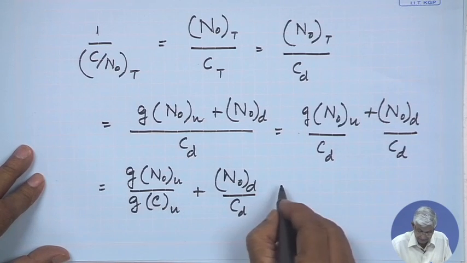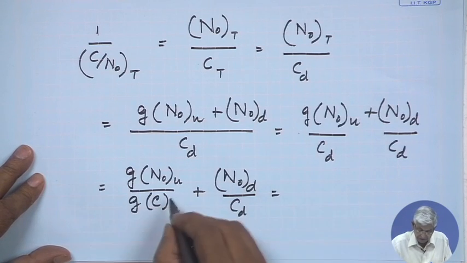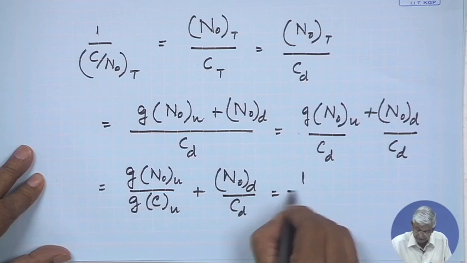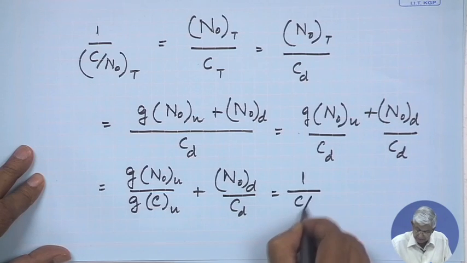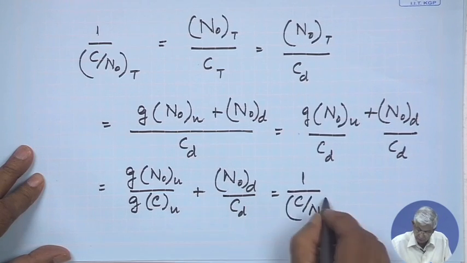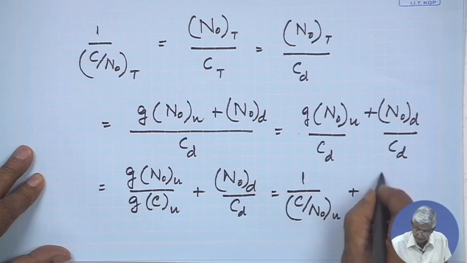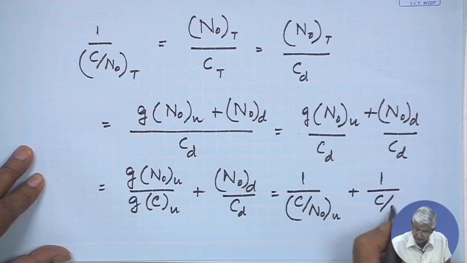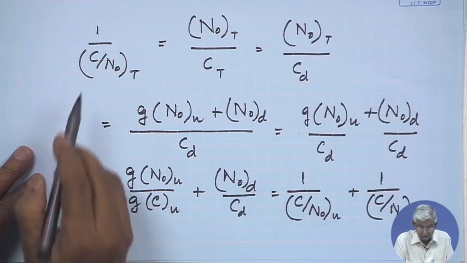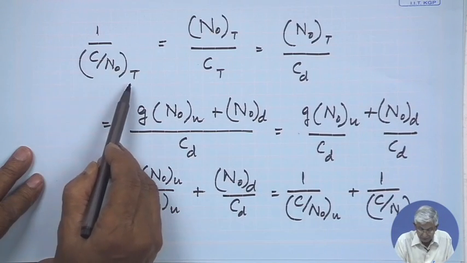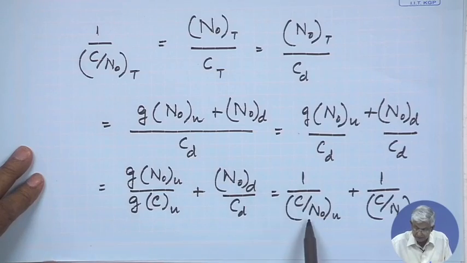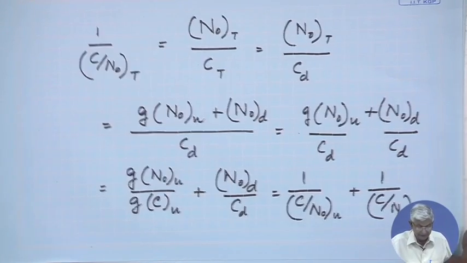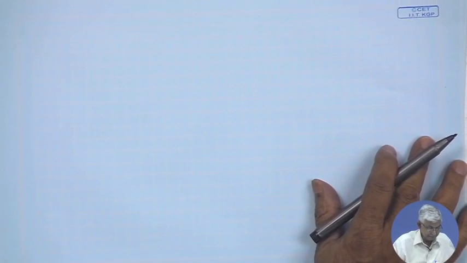G gets cancelled, so 1 by C by N0 total is equal to 1 by C by N0 uplink plus 1 by C by N0 downlink. That is what we get in a bent pipe transponder.